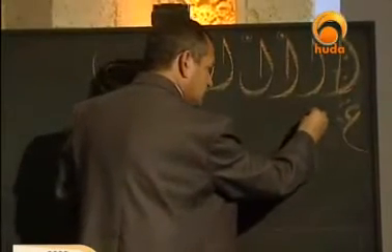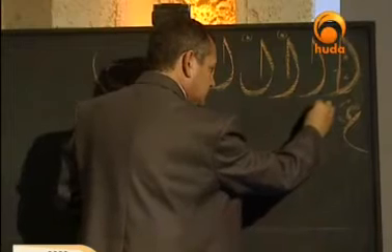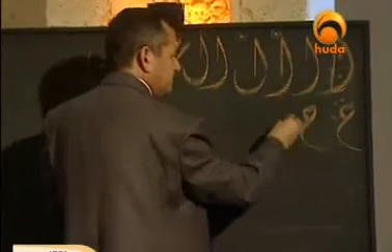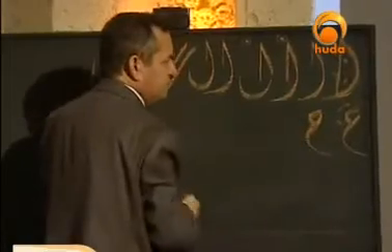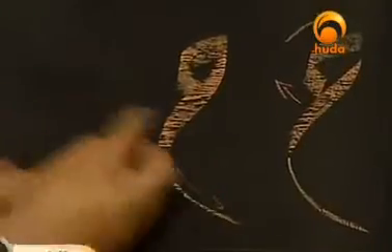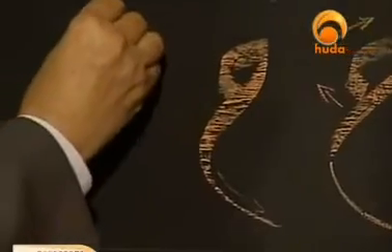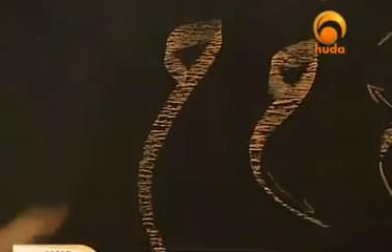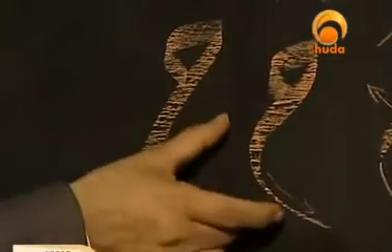So again, Jim letter. We can do also, instead of the short curve here, we can make it long, like this. If you have much space, we can make it long. If you have short space, we can make it short.